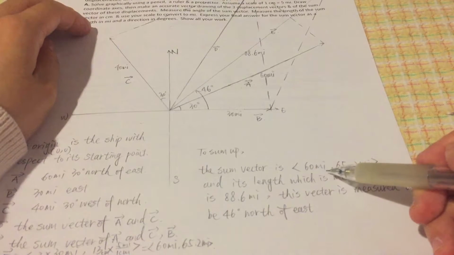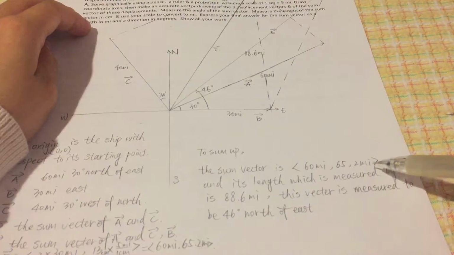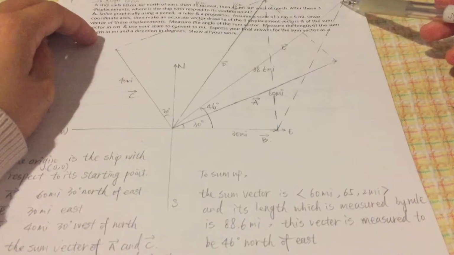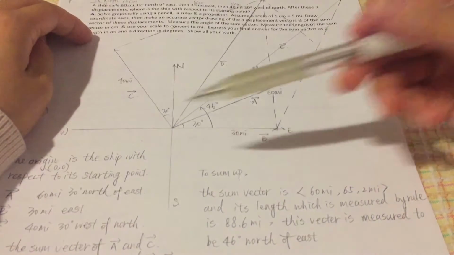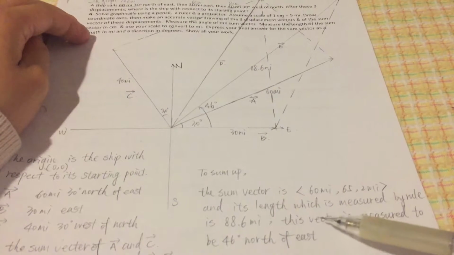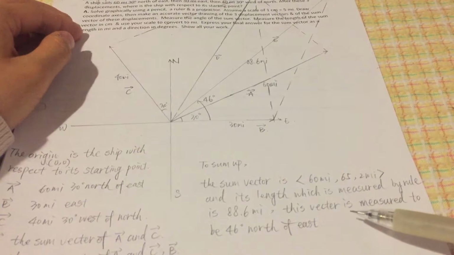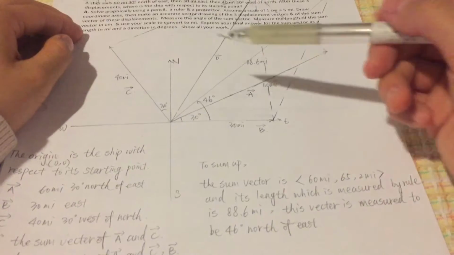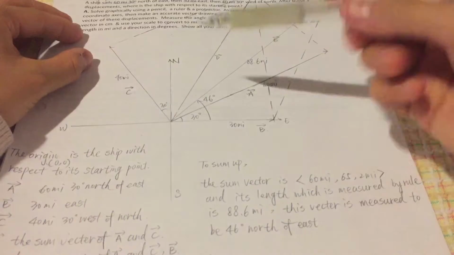The length of this vector E, which is the sum vector of A, B, and C, is 80.6 miles, and this vector's direction is measured to be 46 degrees north of east.